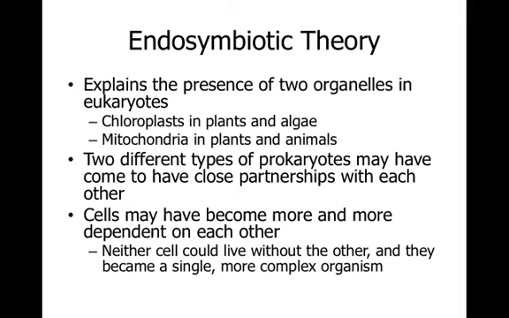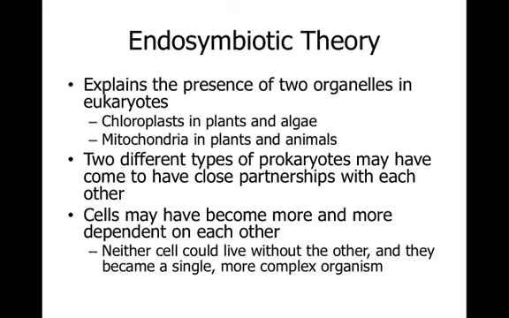The idea is that they had this very close partnership where they were sharing the energy from mitochondria or the sugars from chloroplasts, and they became more and more dependent on each other. And so eventually neither cell could live without the other, and they merged and became a single, more complex organism.